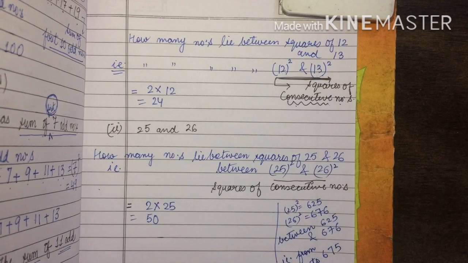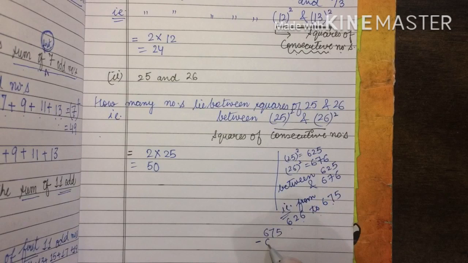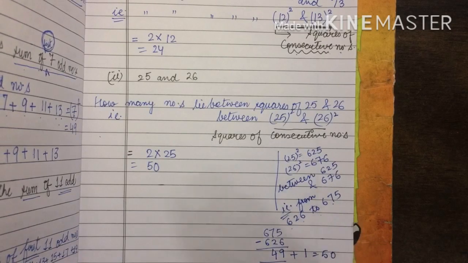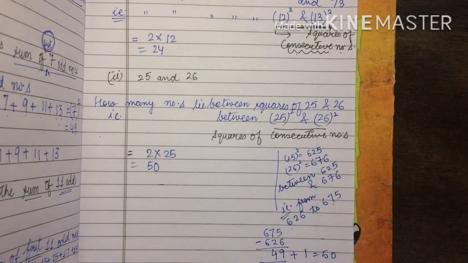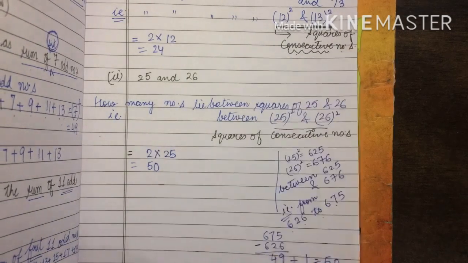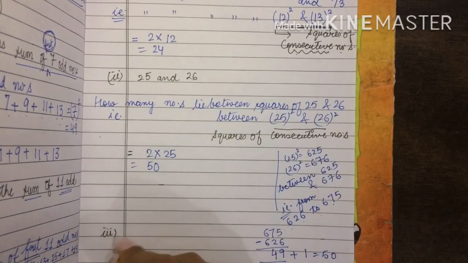So you have to count the numbers from 626 to 675, and the answer will be given by subtracting the two, obtaining the answer and adding 1. The answer will be 49 plus 1 equals 50, which is the same as this one we just obtained in one step. You will be doing the third part yourself. That will be your homework.